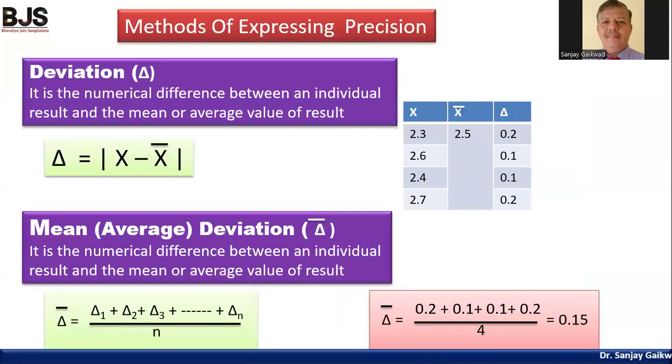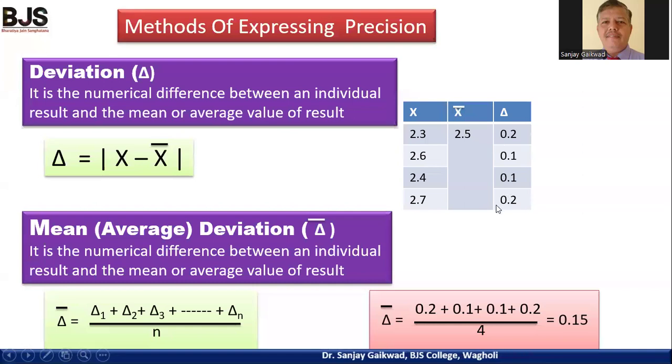Deviation is the numerical difference between the individual result and the mean or average value or true value. It is denoted by delta equal to the modulus of x minus x bar. For example, these are the results. This is the true value, the average value, and the differences are 0.2, 0.1, 0.1, and 0.2.